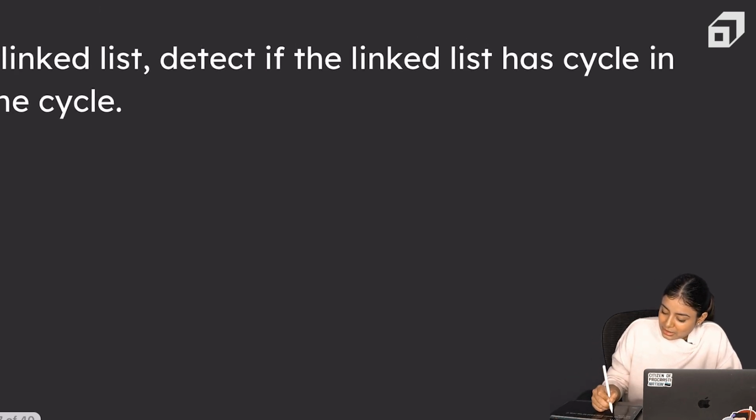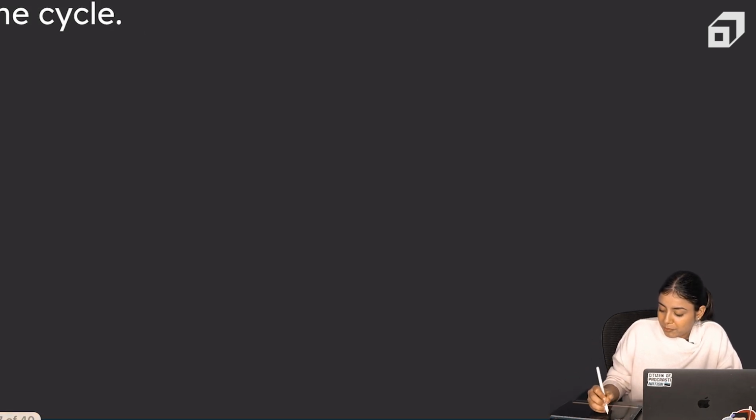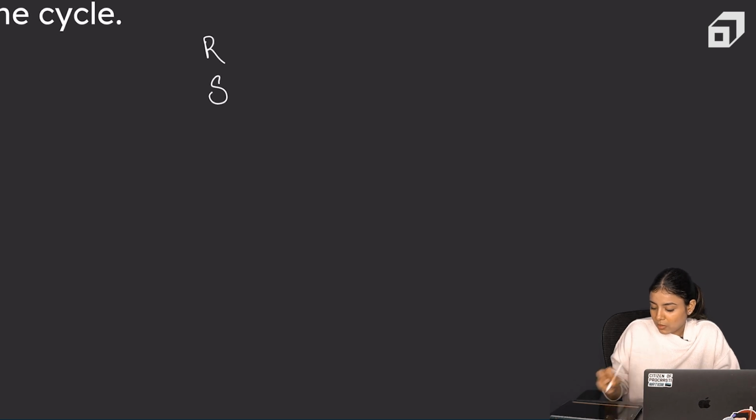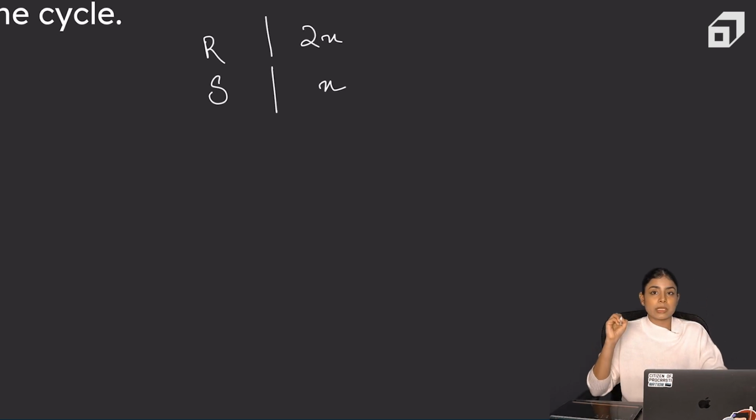So the puzzle, very common puzzle, is, let's take a person Riya and a person Saksham. Okay, so Riya and Saksham, they are running. They start running at the same point. Now Riya is running at speed of 2x and Saksham is running at speed of x.